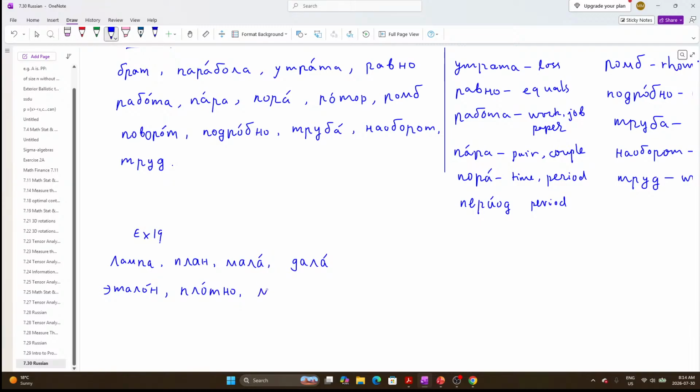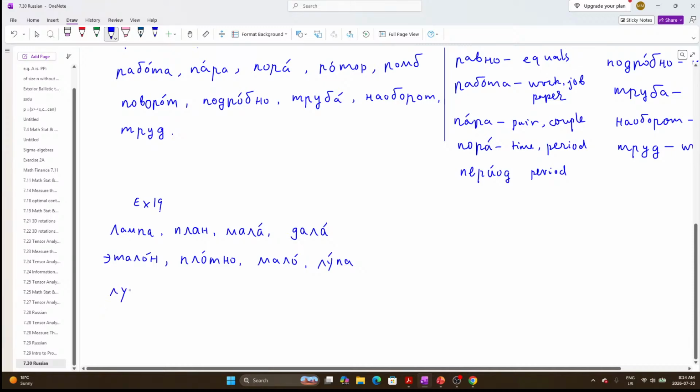Мало. Лупа. Луна. That's moon, the Earth's moon, the celestial body.